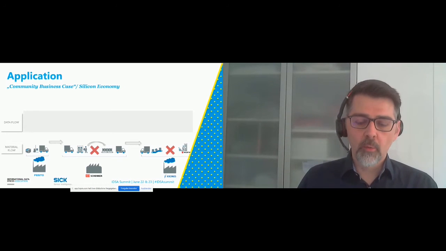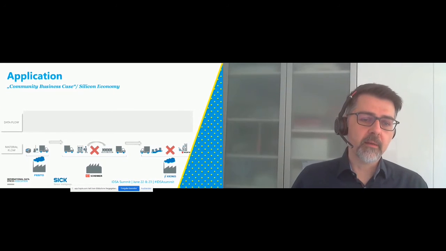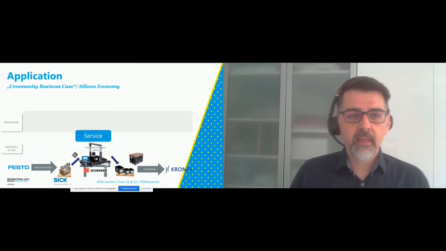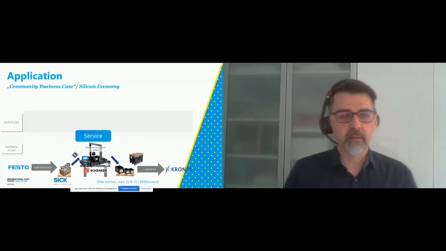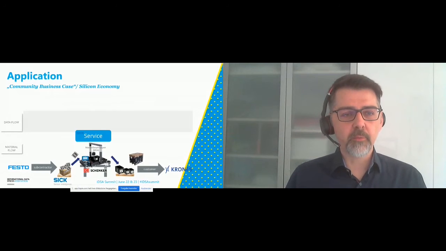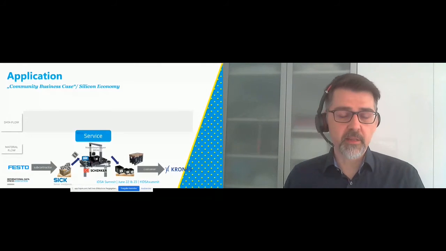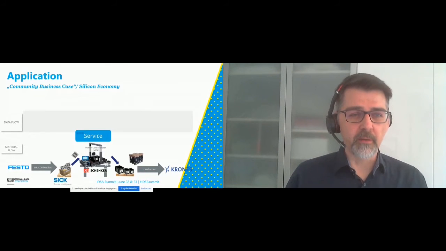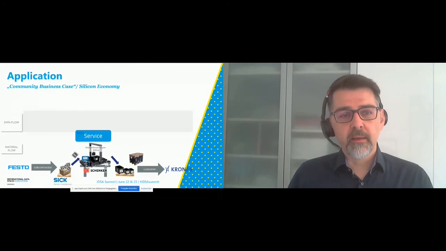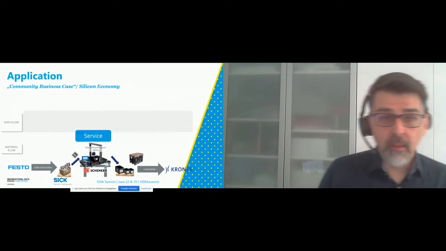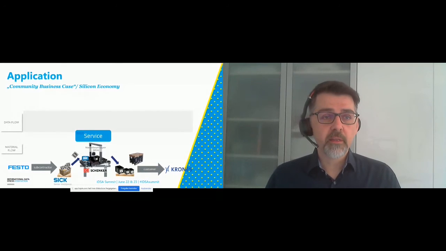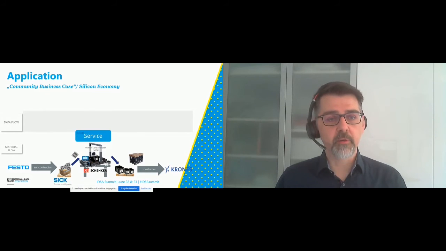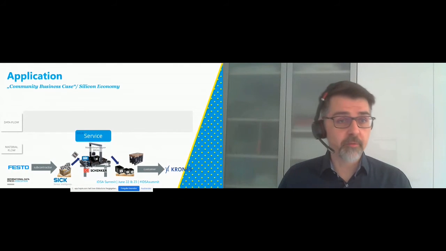And what we do in our project at SIG is we want to close that gap, the part where you don't see the process anymore, and we want to help produce the data and make the data visible. And one aspect is this repacking station. What some of you may not know, SIG is not only a leading manufacturer of sensors and sensor solutions, but also of systems and services.